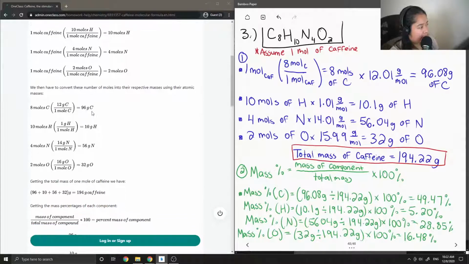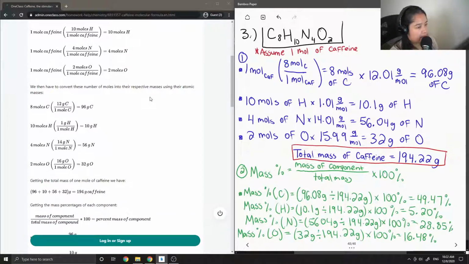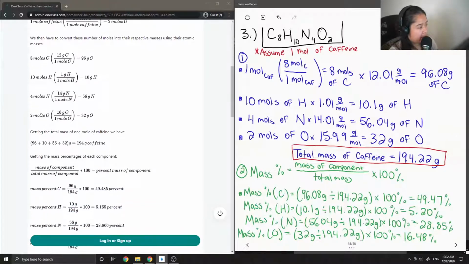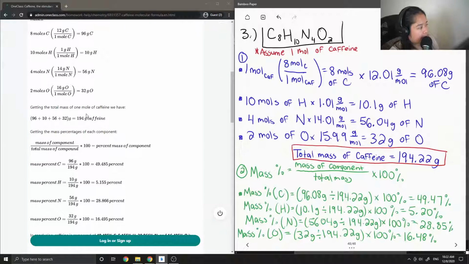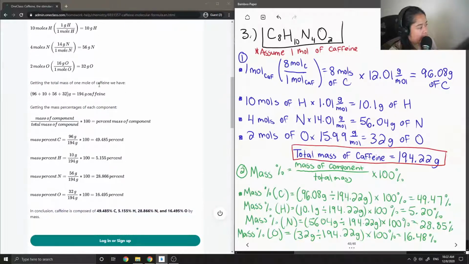We then have to convert these number of moles into their respective masses using their atomic masses. So they showed the multiplication of their atomic masses to get 96 grams carbon, 10 grams hydrogen, 56 grams nitrogen, 32 grams oxygen. Getting the total mass of 1 mole of caffeine, we have 194 grams.